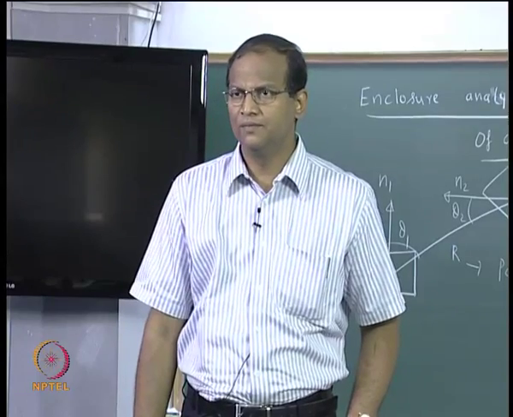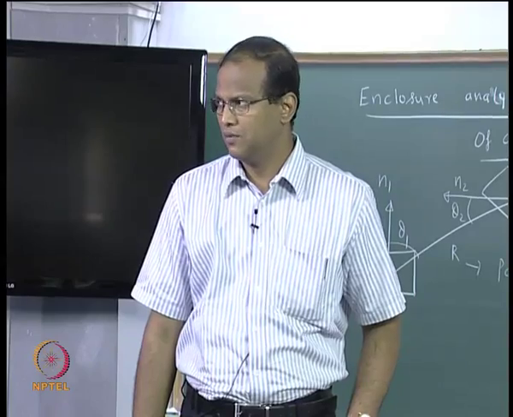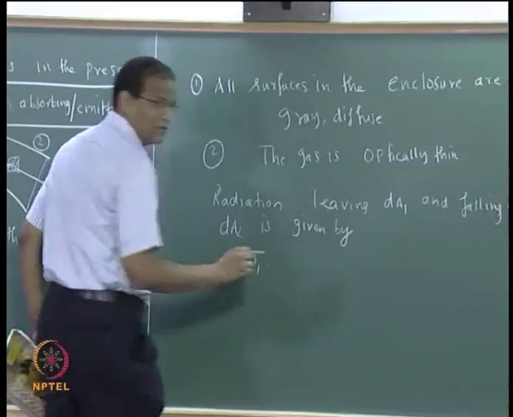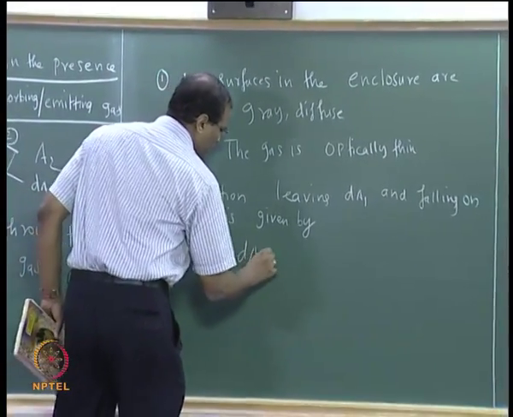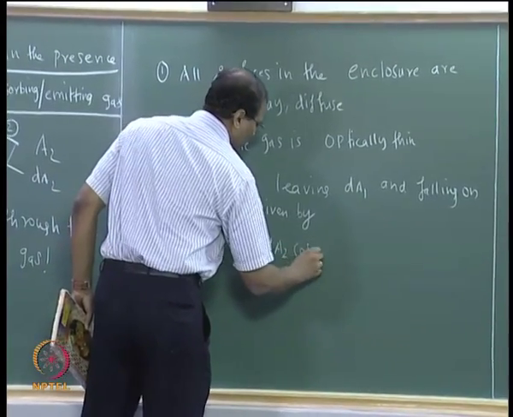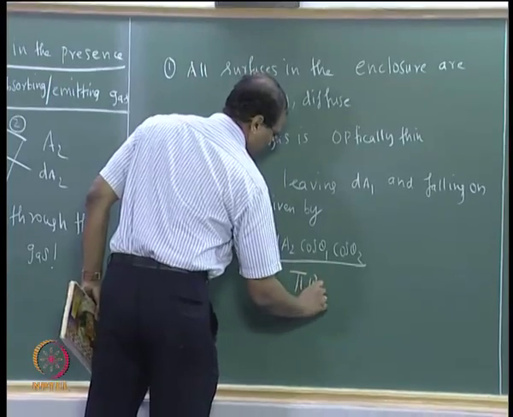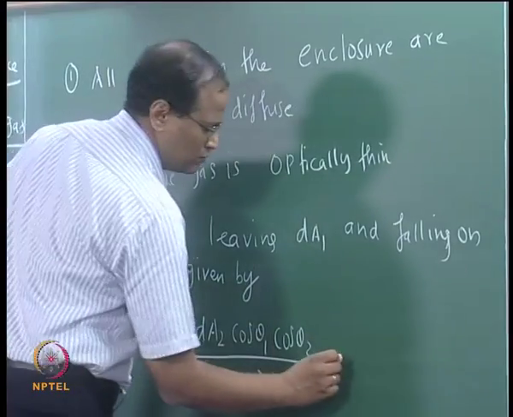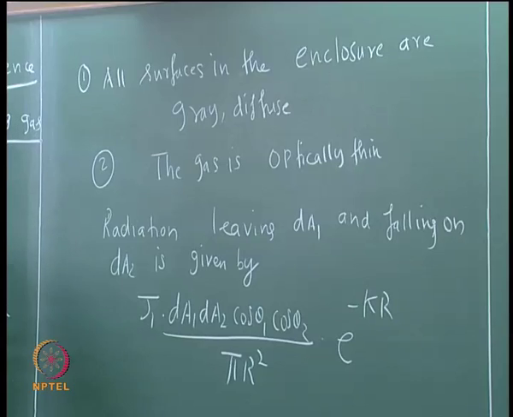J1 multiplied by dA1. What is that extra funda I have put?